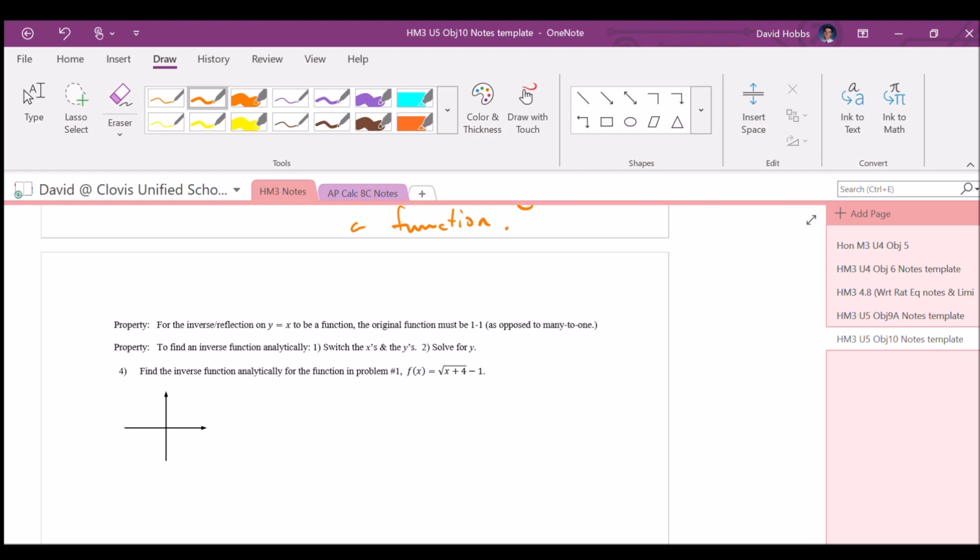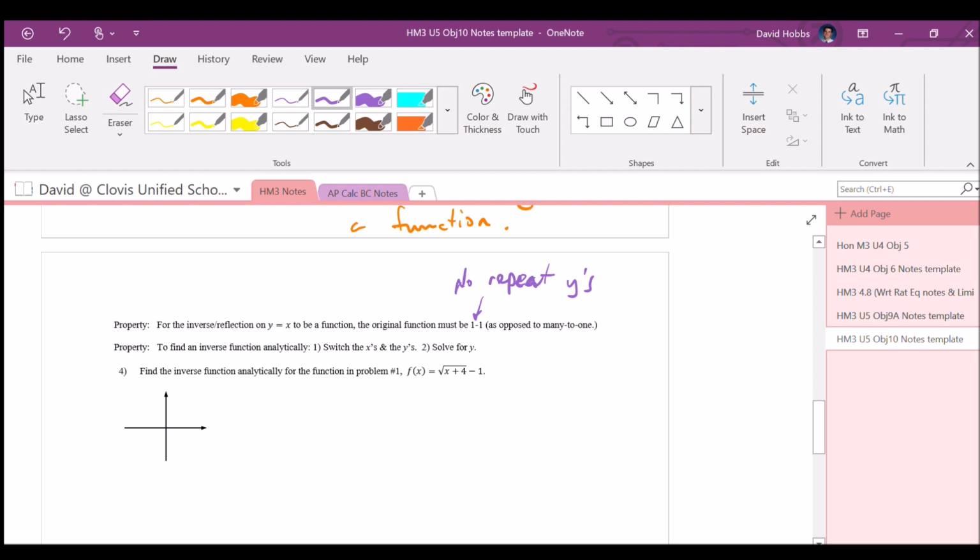A 1-to-1 function means that for each x there is exactly one y, but there will not be any repeat y's, in other words. No repeat y's. So once a y value is used, it cannot be repeated.